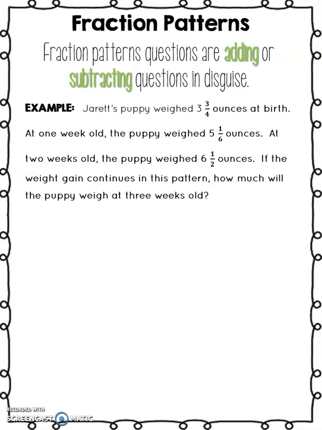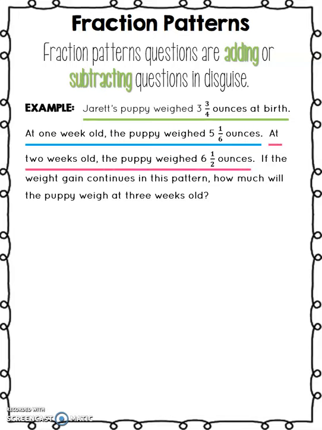So let's go line by line and get the math information out of this story problem. The first sentence reads, Jarrett's puppy weighs 3 and 3/4 ounces at birth. That tells me that when the puppy was born, he was pretty tiny. Then at 1 week old, the puppy weighed 5 and 1/6 ounces. At 2 weeks old, the puppy weighed 6 and 1/2 ounces.